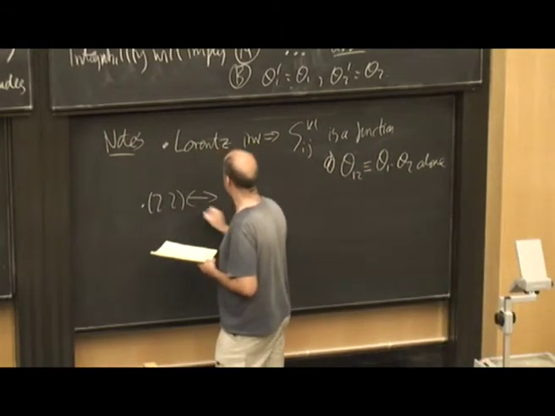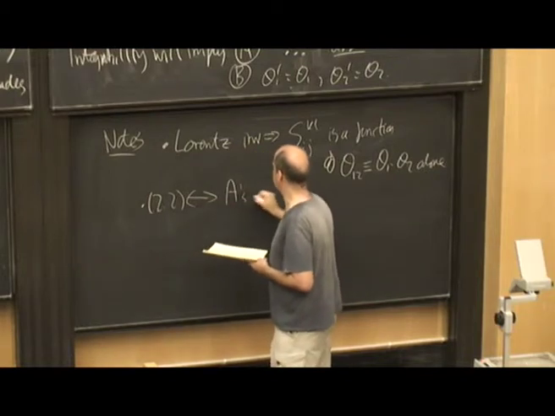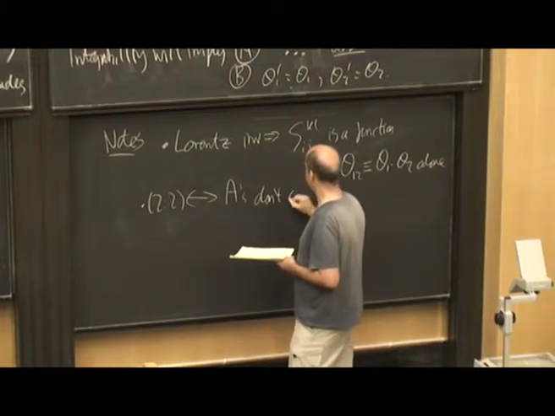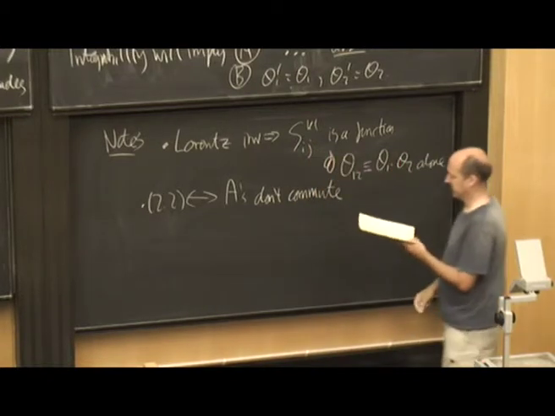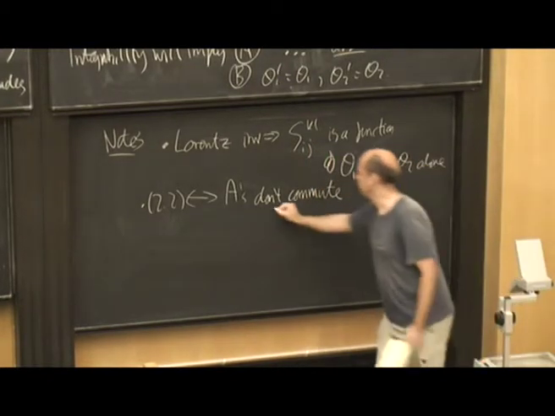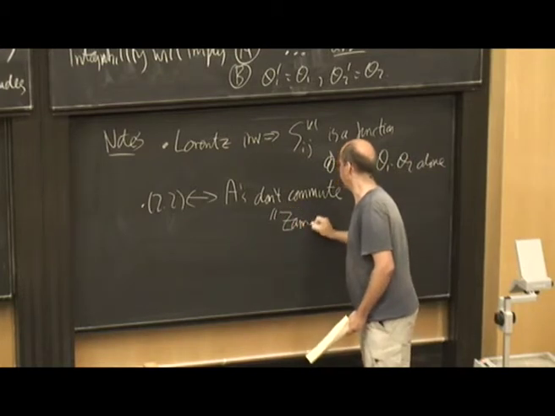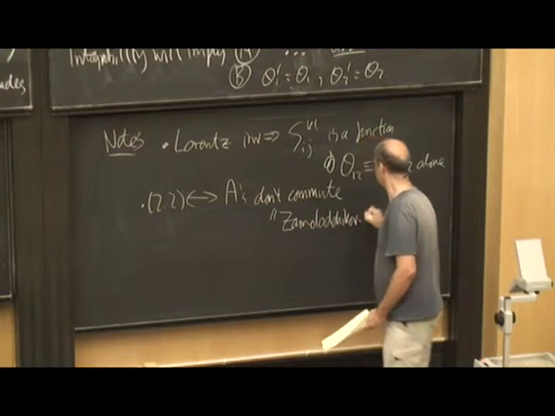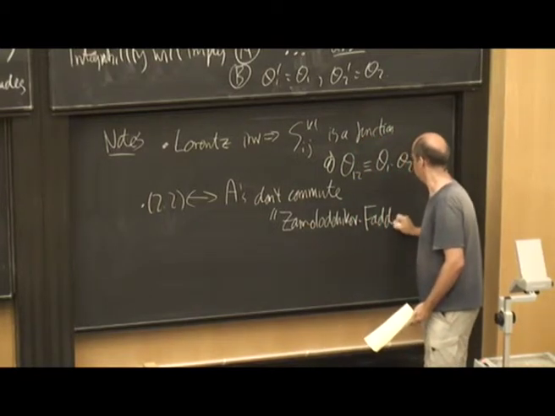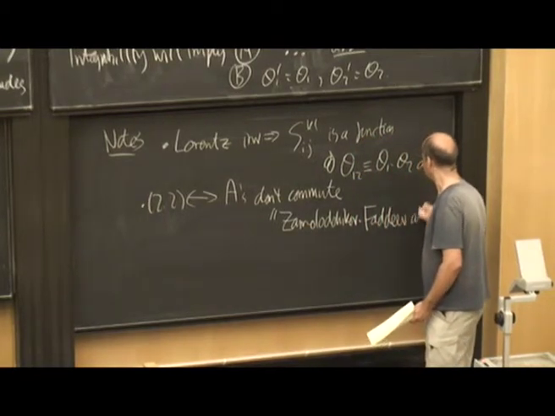2.2 is kind of the same as saying that these A's don't commute. A fancy way of talking about it is you sometimes talk about them forming a Zamolodchikov-Faddeev algebra.